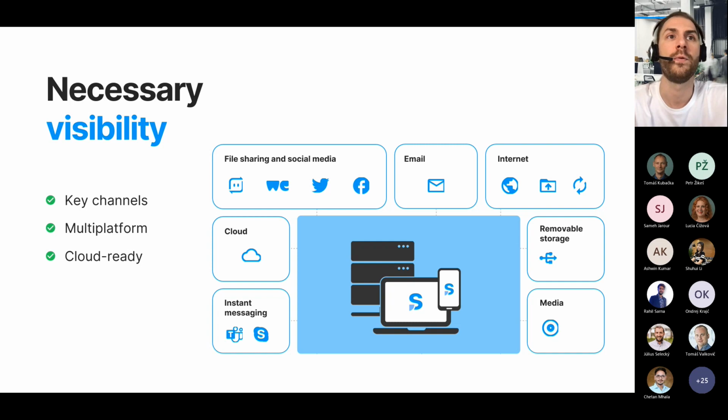And it does that through the most important channels, I would say. So the IT managers, but also the C-level executives get the necessary visibility across all the most important channels, including email, file shares, cloud storages or cloud apps, and removable storages.